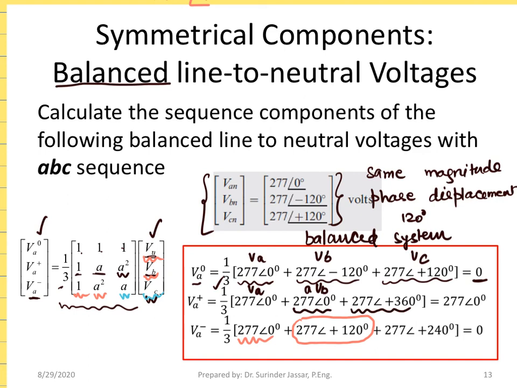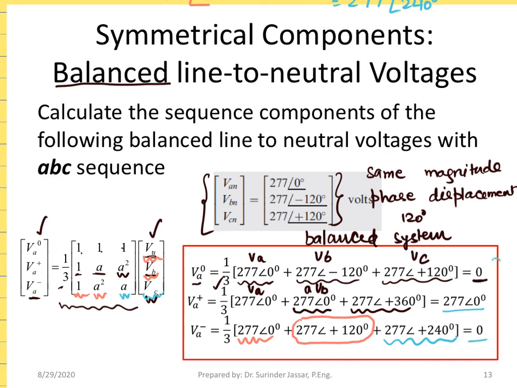So it is 277 at 120 plus 120, which is 277 at an angle of 240 degrees. Let's see if that is the case. The answer is yes. If you use your calculator here, the result comes as 277 angle 0 degrees. Here the result comes as 0.